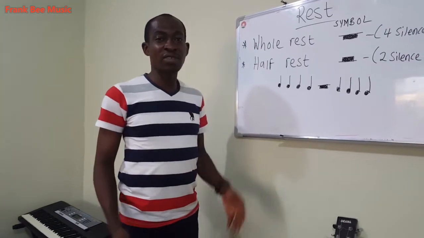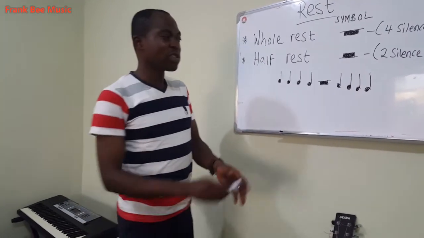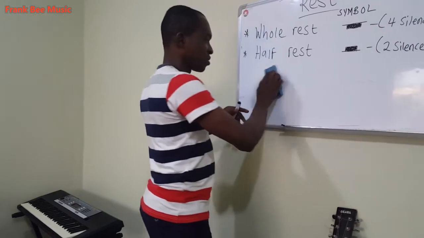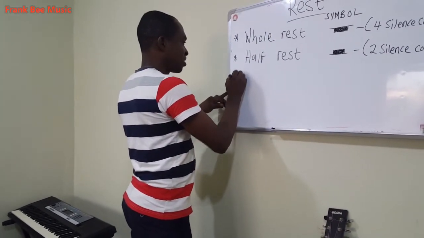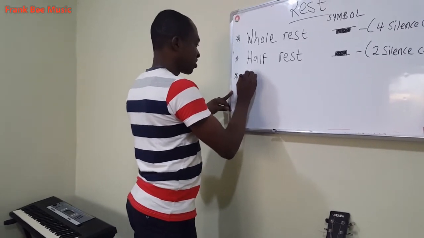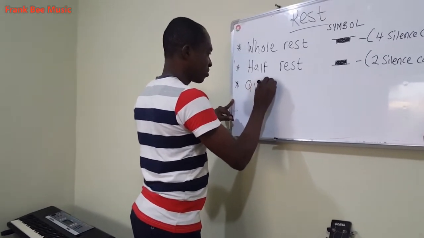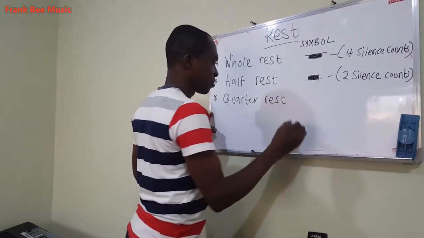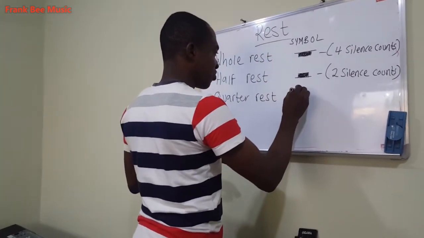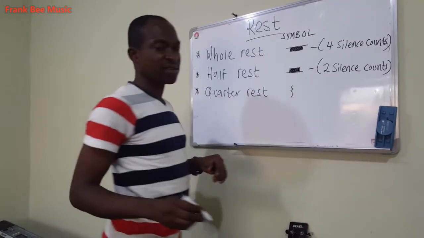Now, let's learn about the last rest we're going to cover today. The last rest we're going to cover is the quarter rest. Quarter rest. And this is the symbol for the quarter rest. It's like this, something like this.